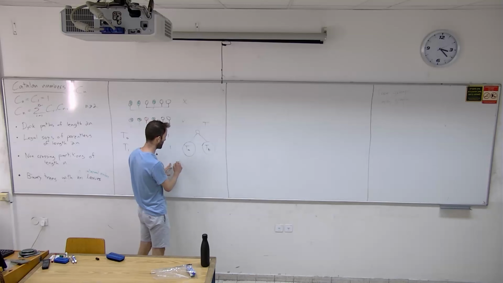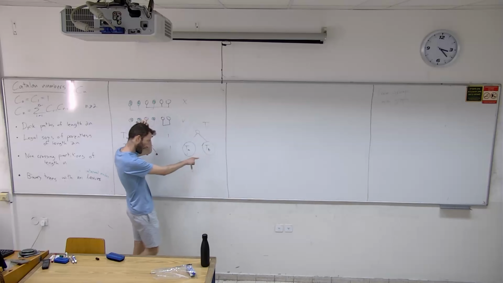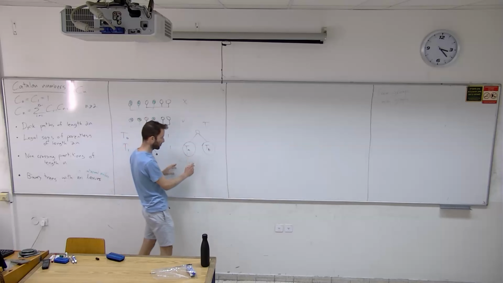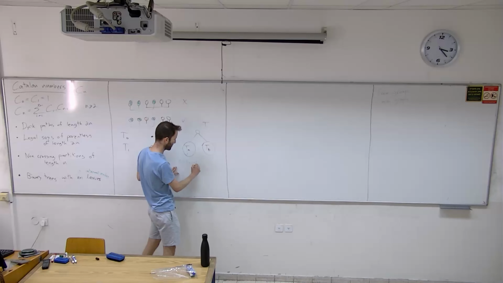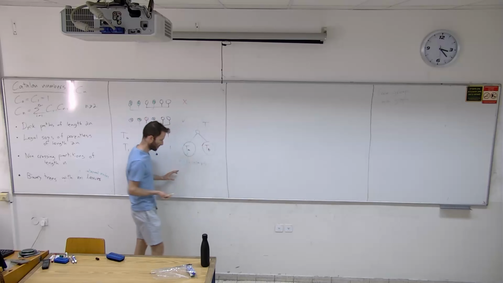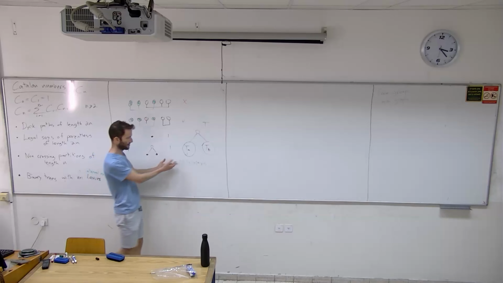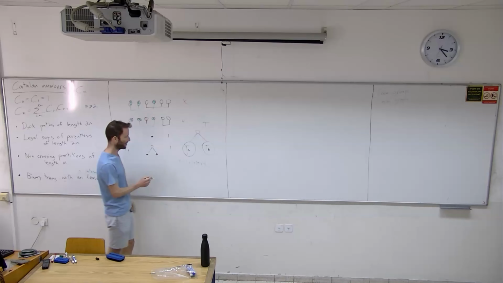So overall, I want to have n internal nodes, and there's already one here. And let's say this has j internal nodes. So here I'm bound to have n minus j minus 1 nodes.